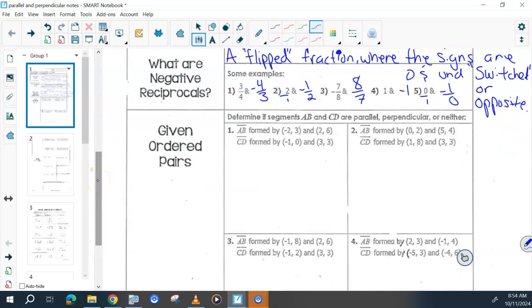So we're going to find the slopes of these given problems and determine whether they are parallel, perpendicular, or neither. To find our slope, we're going to use our slope formula, y2 minus y1 over x2 minus x1. And we're going to start finding that for AB of number 1. Label them if you need to.